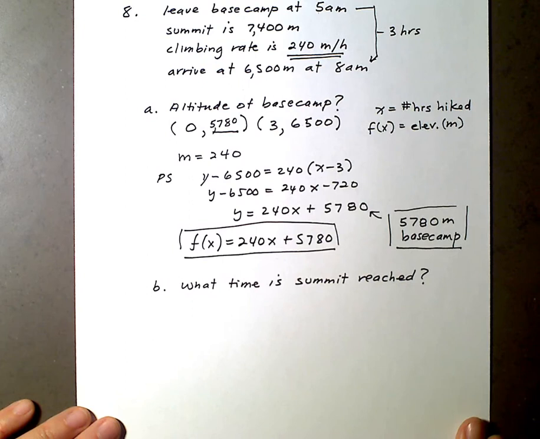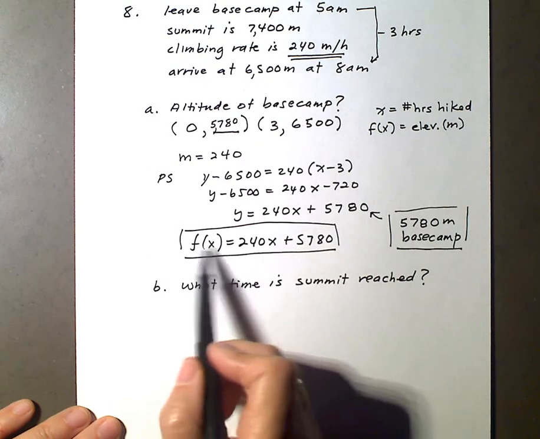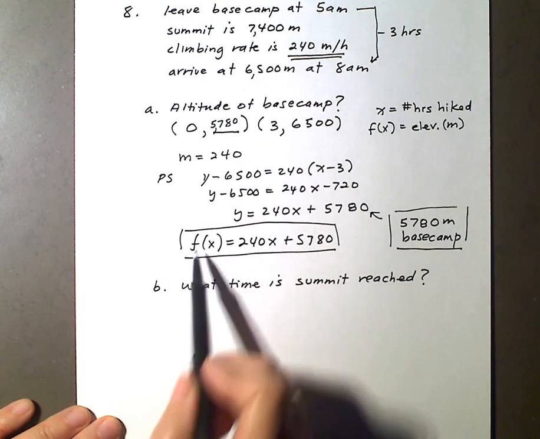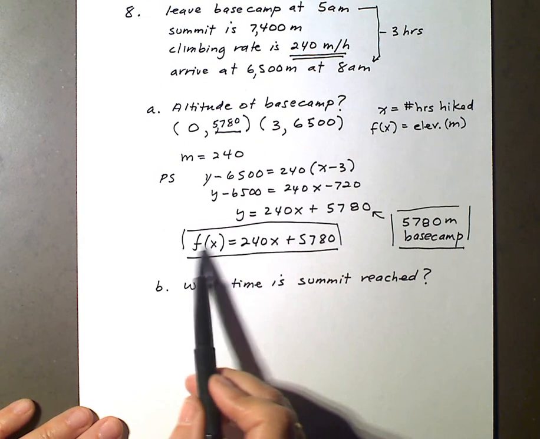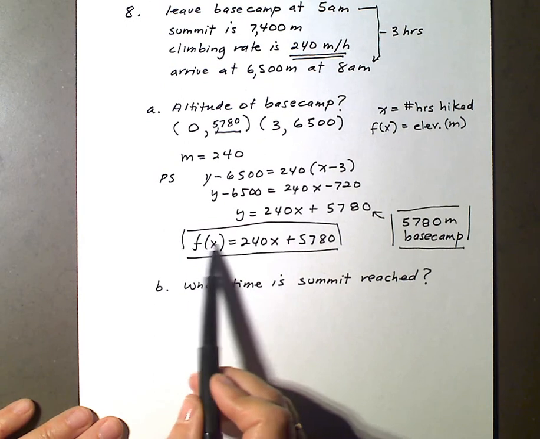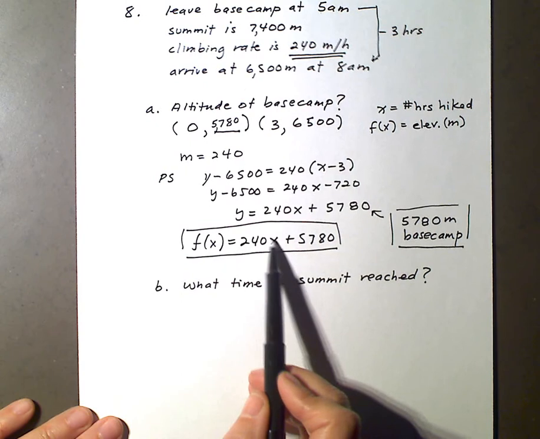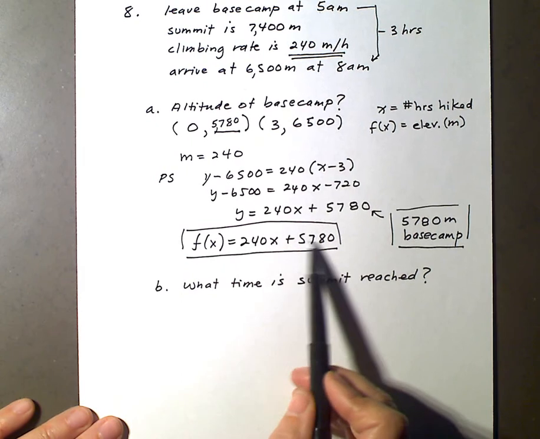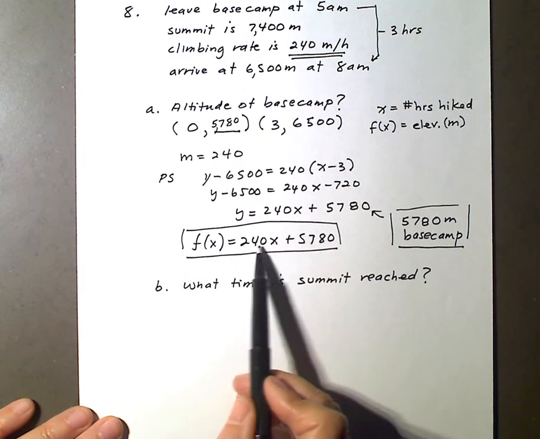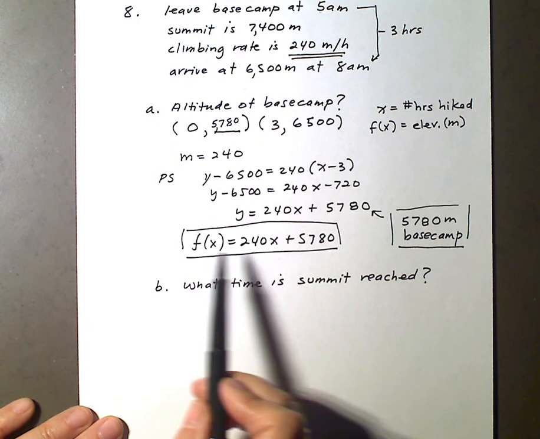What I know is the summit elevation, the 7,400, and I want to know what x has to be, how many hours. If I start at 5,780, how many times do I have to add 240 meters to it to get to 7,400?